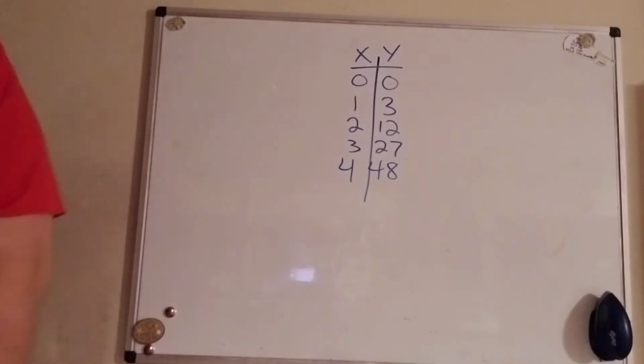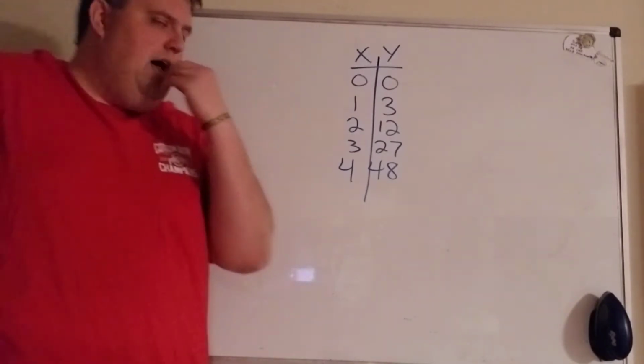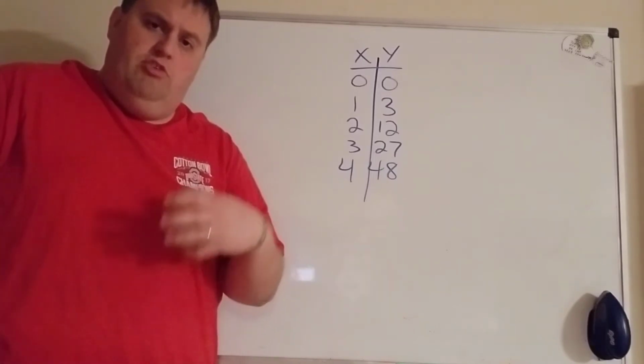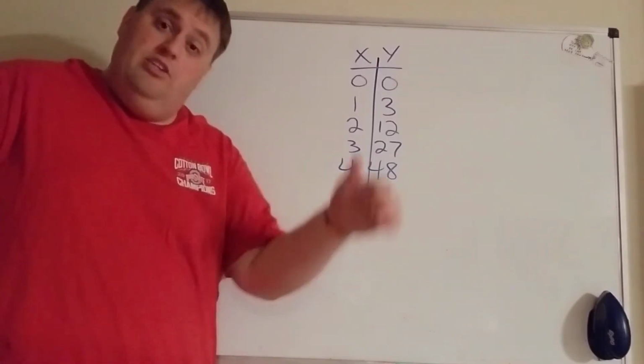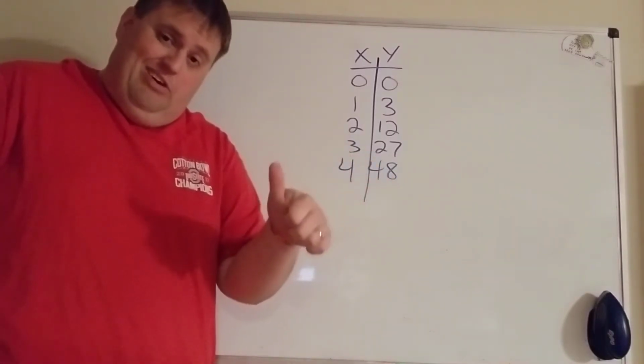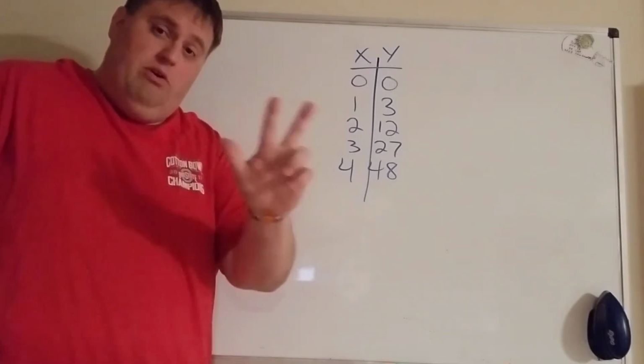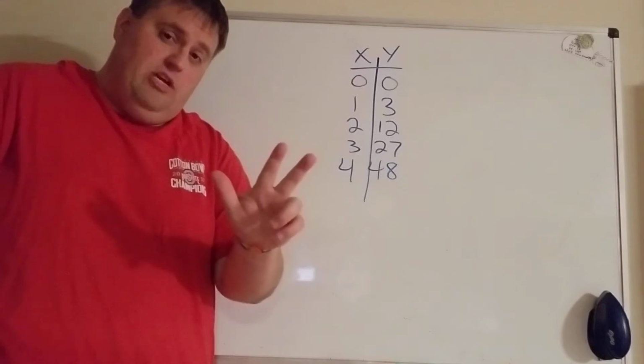And I would like to know which kind of regression do I think would work best for this? Do I think that this table's showing me a linear relationship? Is it showing me a quadratic relationship? Or is it showing me an exponential relationship?